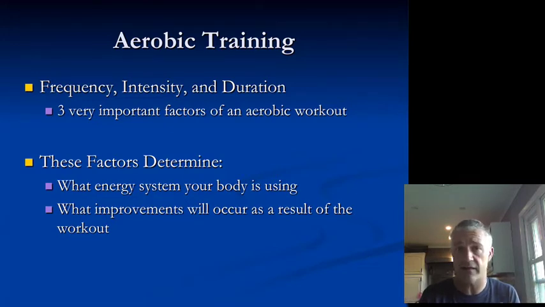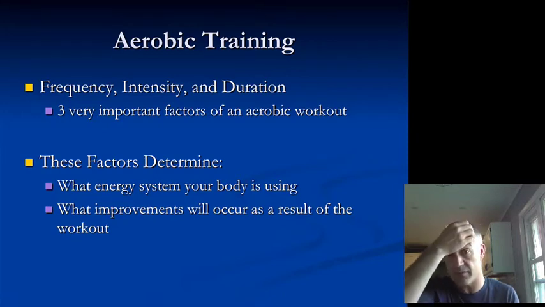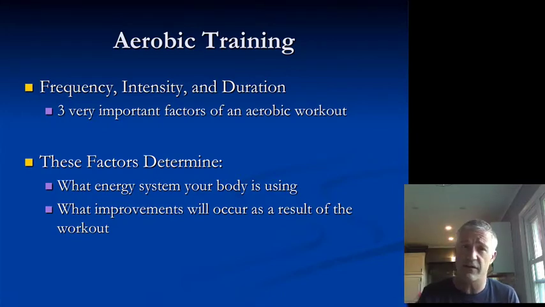Again, realizing that a 5K workout versus a half marathon are really going to be not necessarily different energy systems, but definitely different levels of intensity and duration. A 5K is generally 25 minutes or less, depending on your pace, but more intense and shorter.